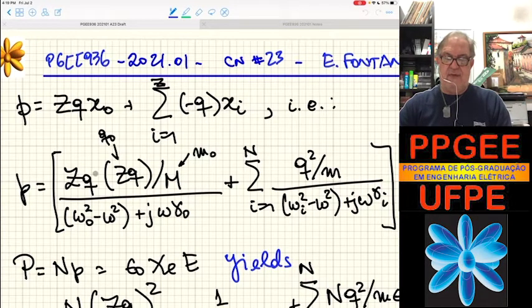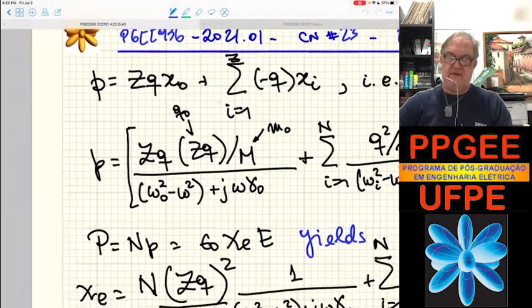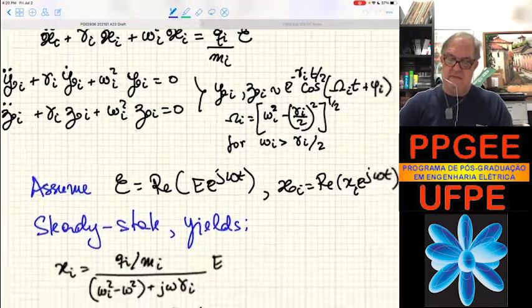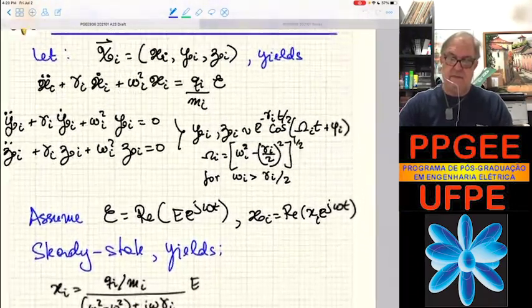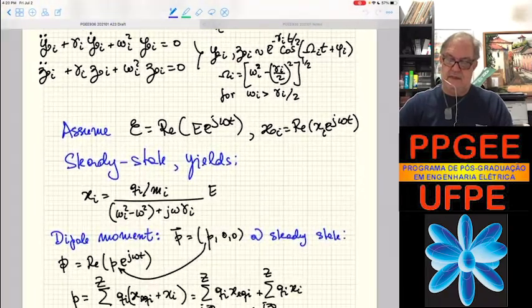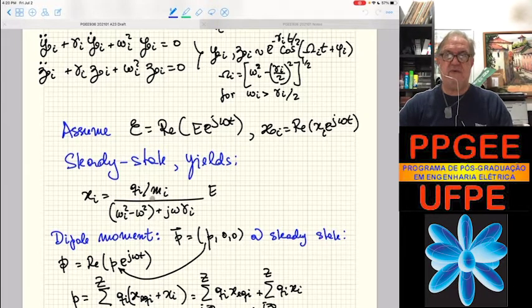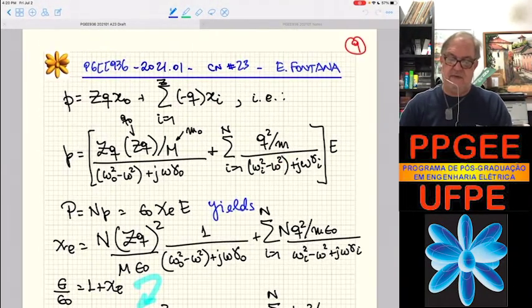Then you go to the dipole moments, right? Multiply by the charge. I mean, we replace the coordinates by that frequency-dependent function, which is right here. We replace that for i equals 0 and i different than 0.